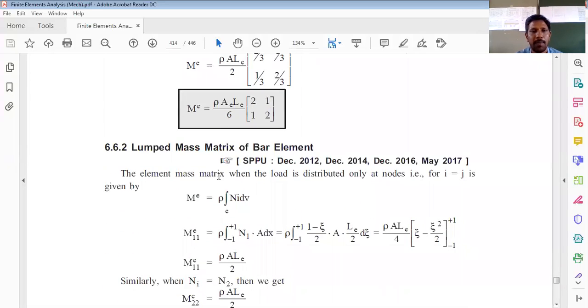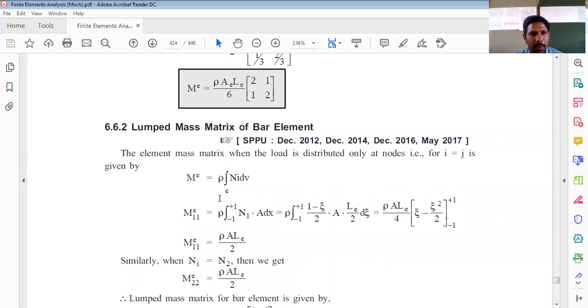Similarly, to obtain the lumped mass matrix, the mass is assumed to be concentrated at a particular node. So we can write this equation for node I and node J. Instead of writing N transpose N into dV, in case of lumped mass it is assumed that the mass is concentrated at a particular node, that is at I. I is nothing but node 1. dV can be replaced by A dx.